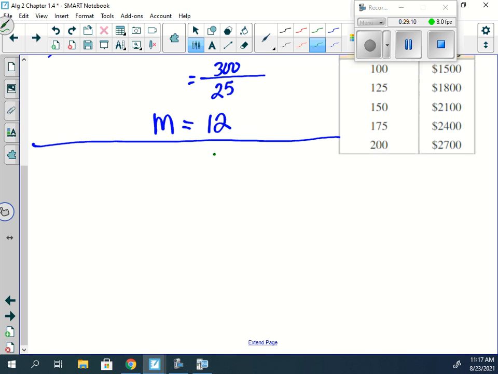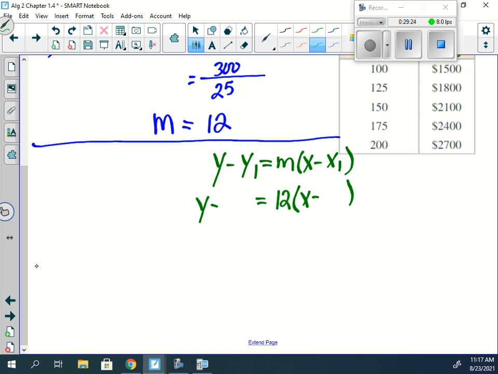Now what we're going to use is our point slope. Now we know the slope is 12. Do I have a point? Well, yes. It's to find the equation. Har, har, har. That's my point for doing this.